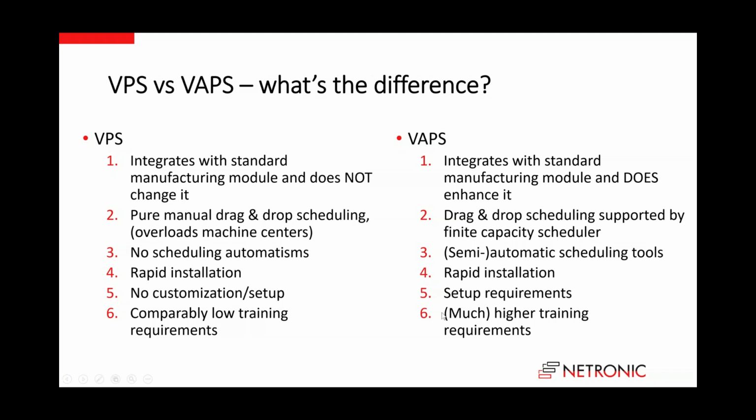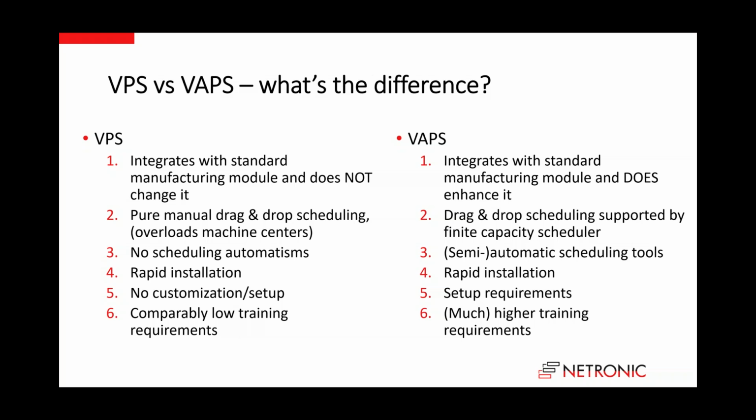Whereas with the VAPS, you definitely need to do some setups. You need to work on some settings because we enhance Business Central, and with enhancing Business Central, we also add new requirements or new options to provide additional master data. And of course, you need to define these master data and bring in these new master data like alternative machine centers. Business Central does not know about alternative machine centers.